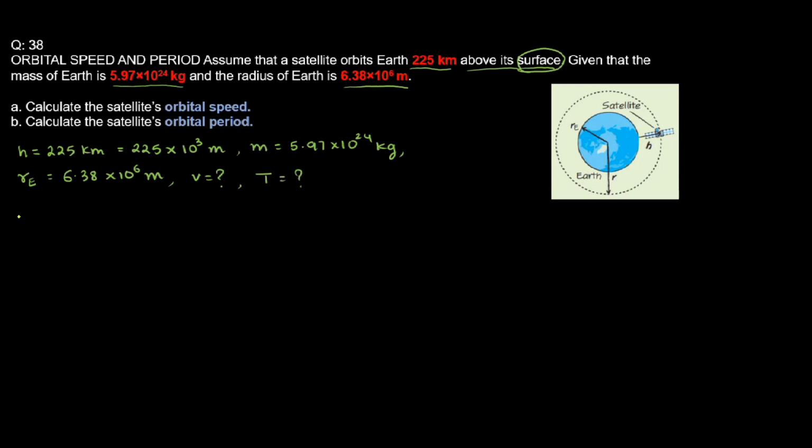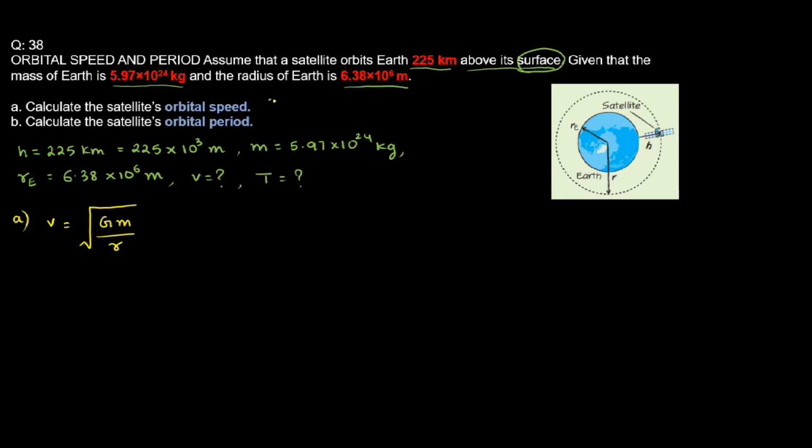The rule for orbital speed is given as V equal square root of capital G M over r, where capital G is the universal gravitational constant, M is the mass of the Earth, and r is the distance of the satellite from the center of the Earth.